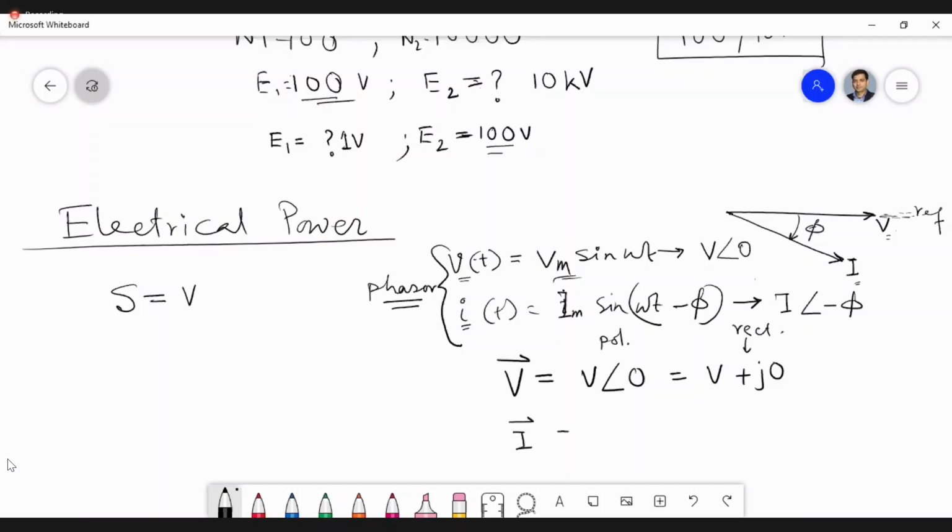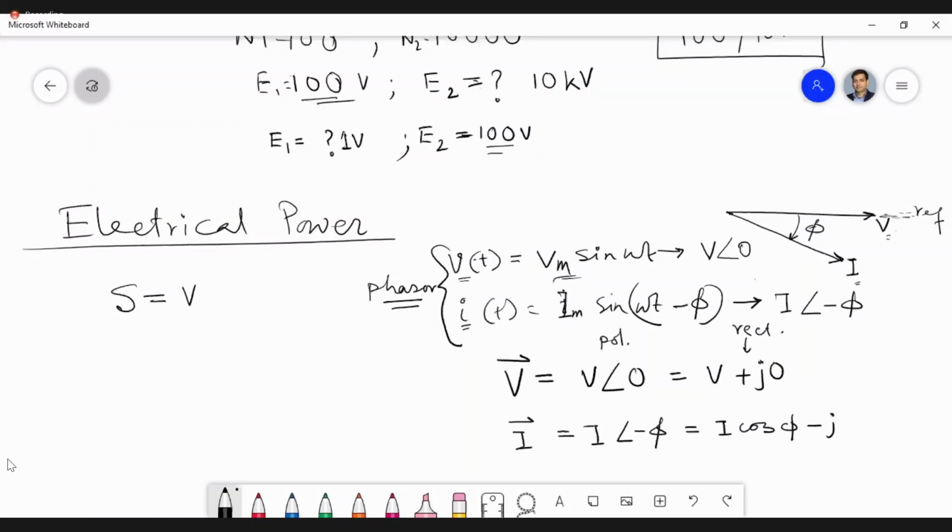And the current in vector form is I with angle minus phi, or we can write I cos phi minus j I sin phi.